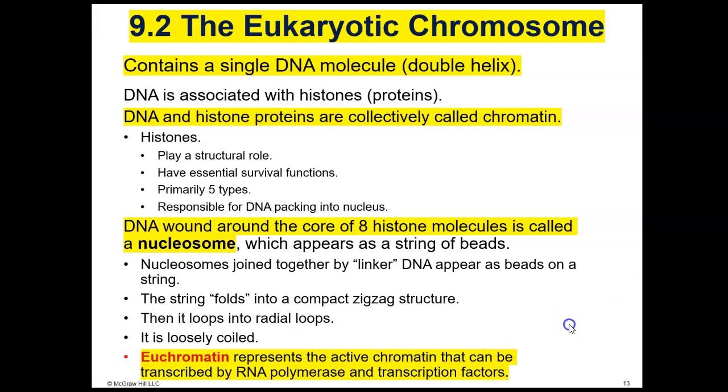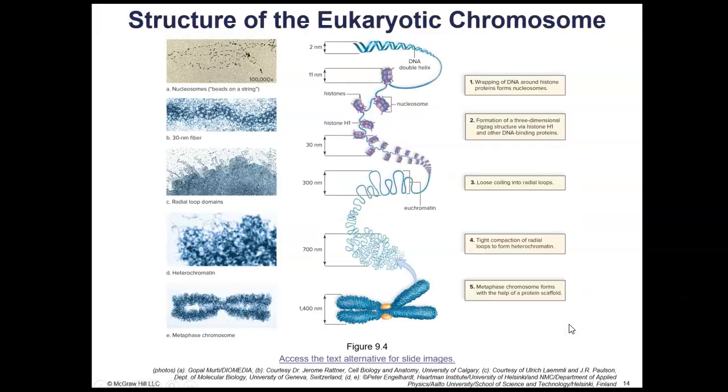And this is just an image of it. So this is naked DNA, the DNA double helix, wound around histone proteins. Each one of these pieces of DNA wound around 8 histones is called a nucleosome. All of these nucleosomes pack together in a loosely coiled form called euchromatin.